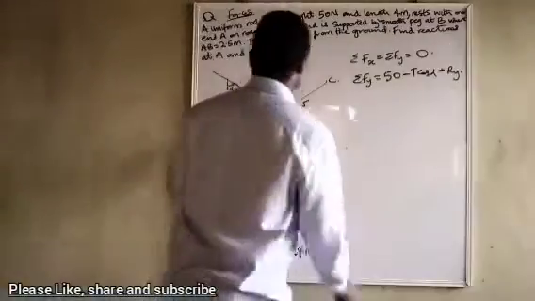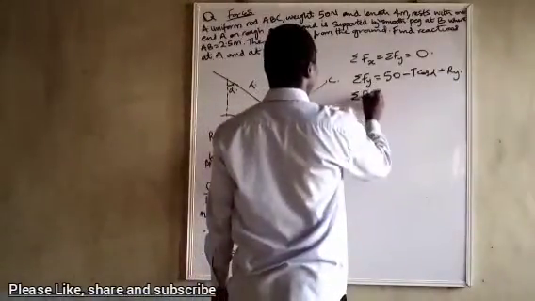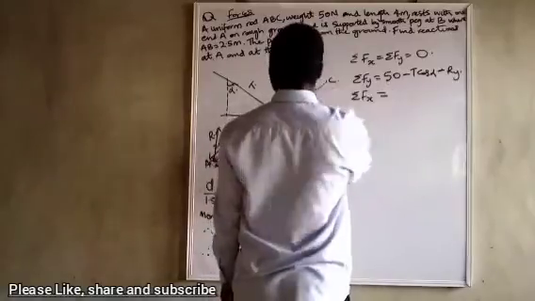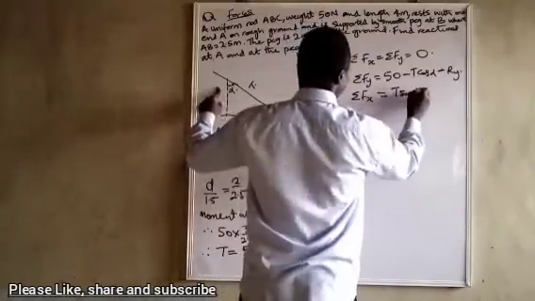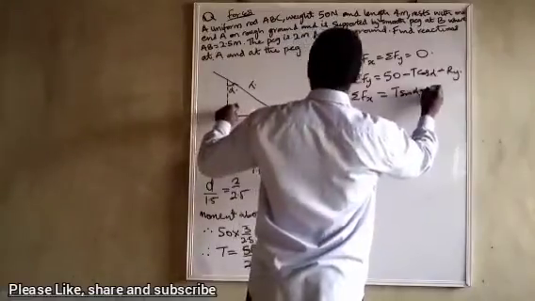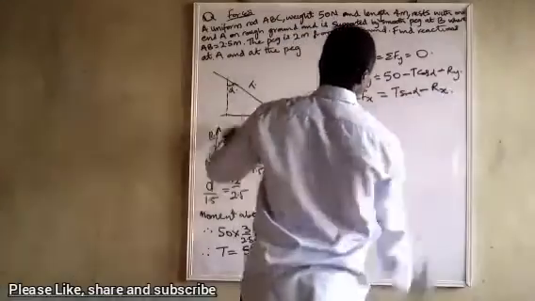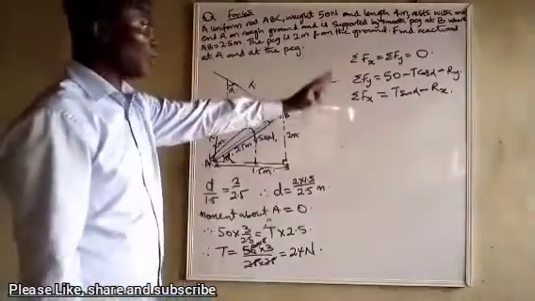Let me now find summation Fx. It's going to be T sine alpha minus Rx. So, with this, I can conveniently find my R.